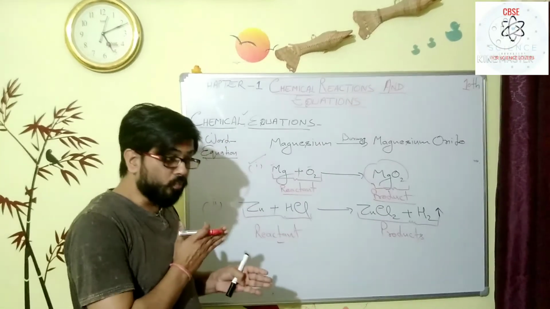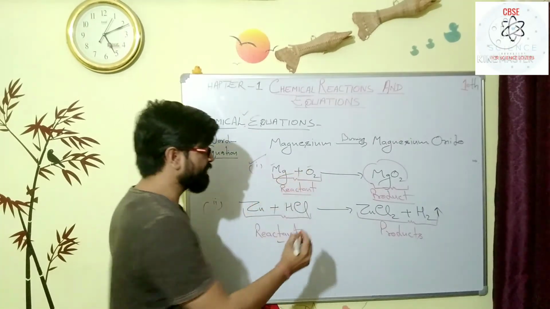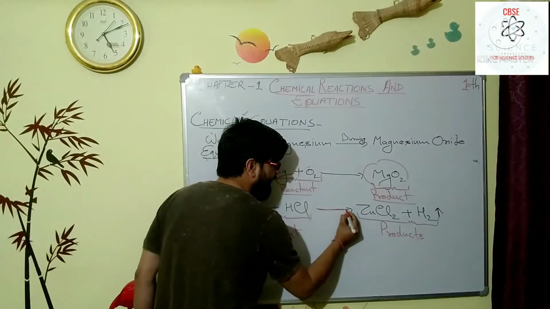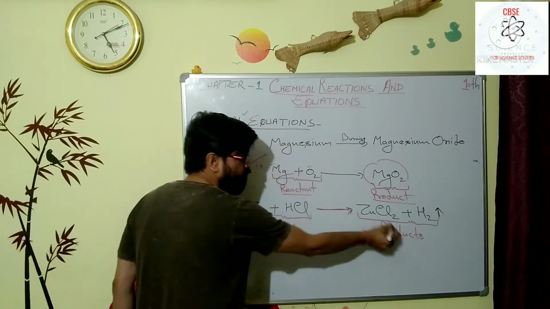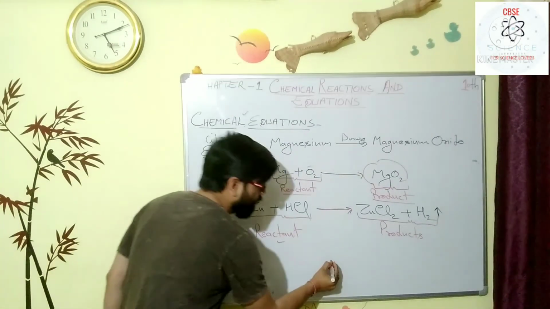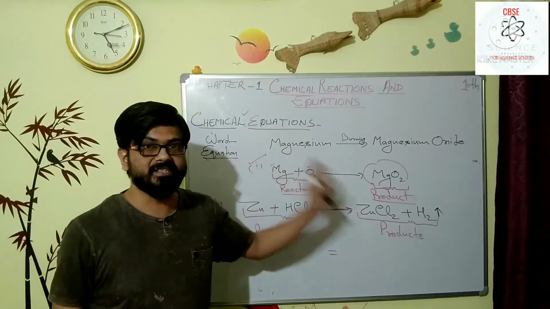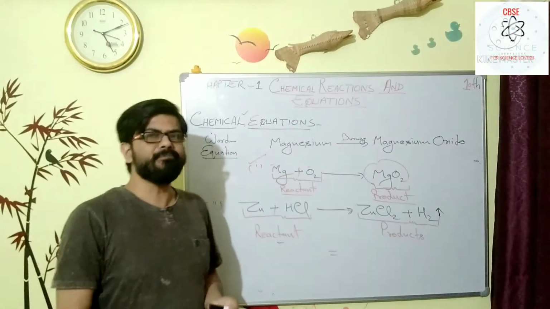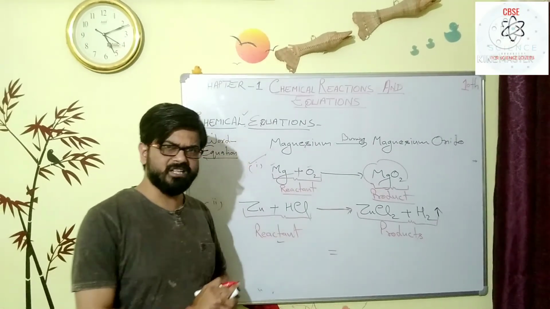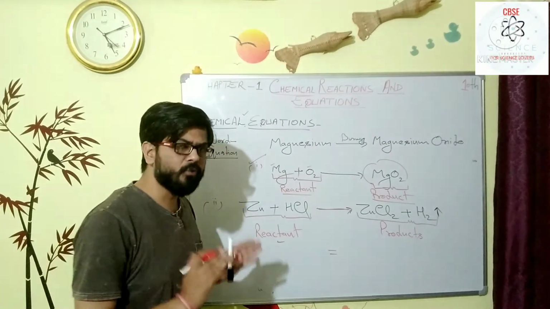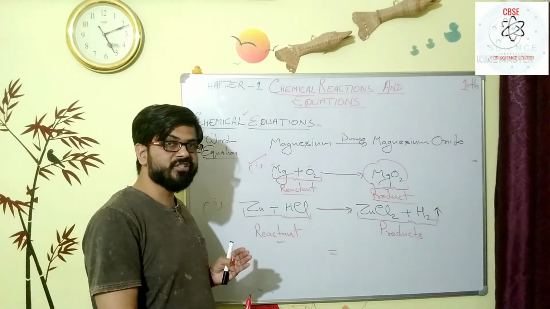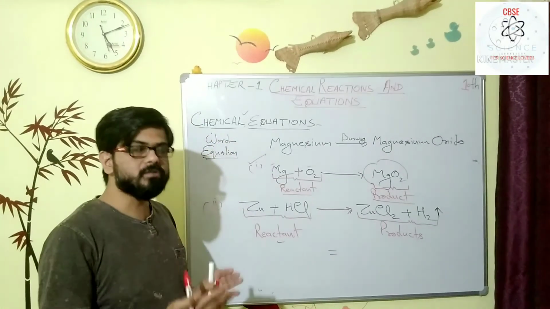To proceed the change, we represent it by an arrow from the reactants towards the products, or an equal sign also from reactants towards products. That is the simple method to represent a chemical change in the form of a chemical equation.